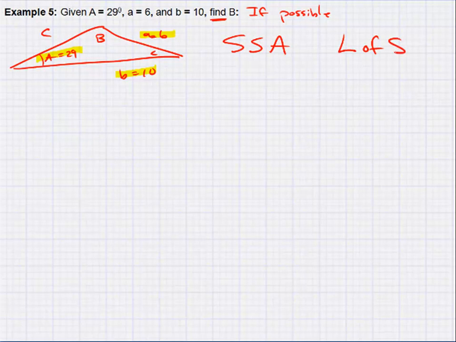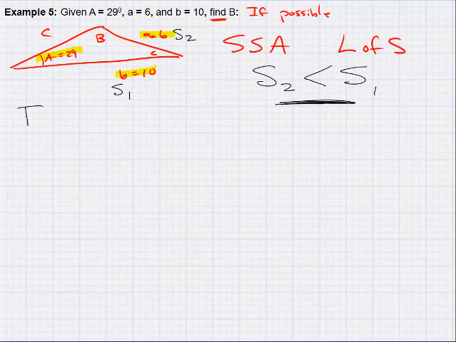Also the ambiguous case law of sines. Side 1 is here, side 2 is here. So if I look at side 2 versus side 1, side 1 is bigger. That's the ambiguous case. Now I have to find h.